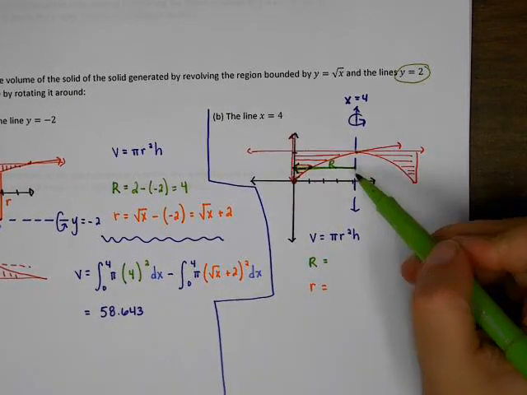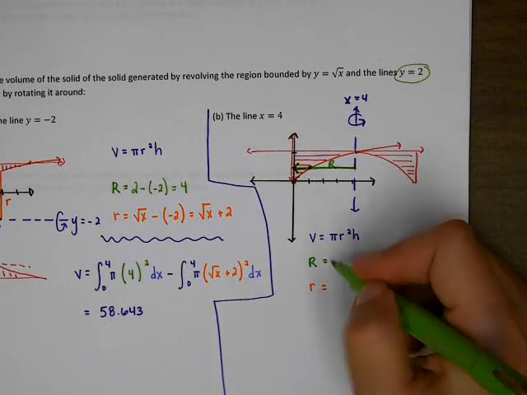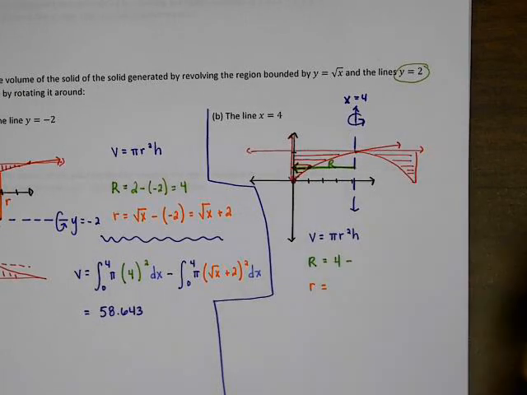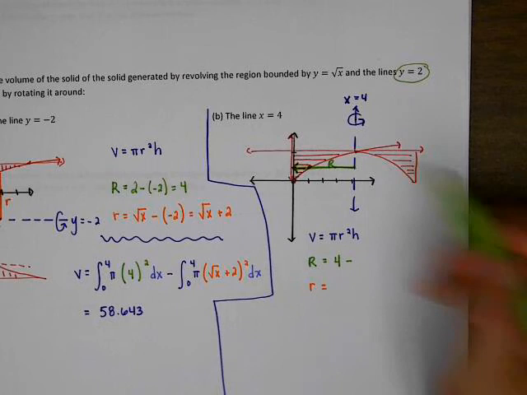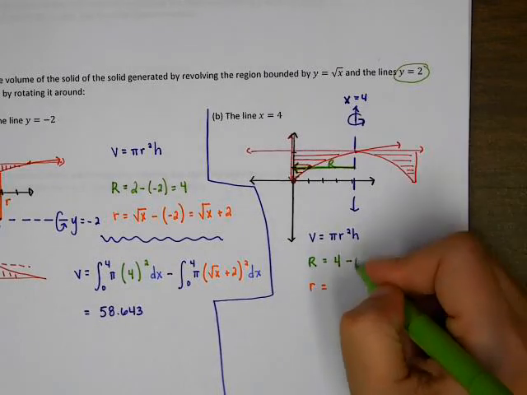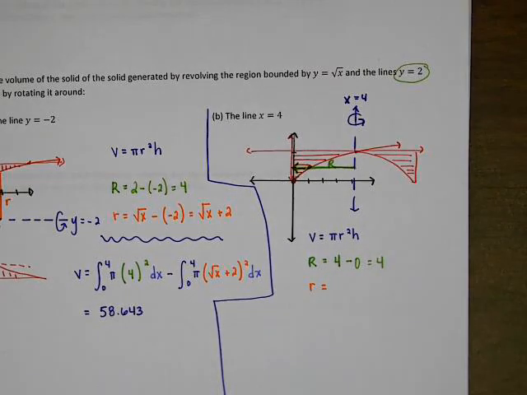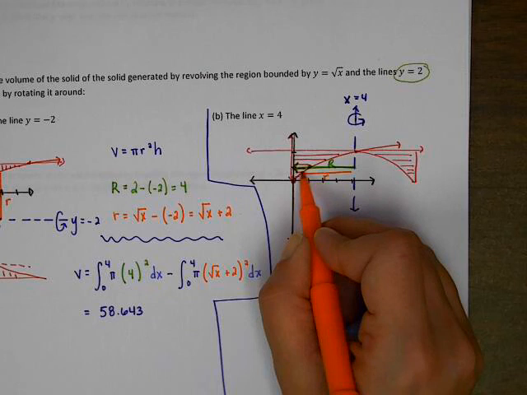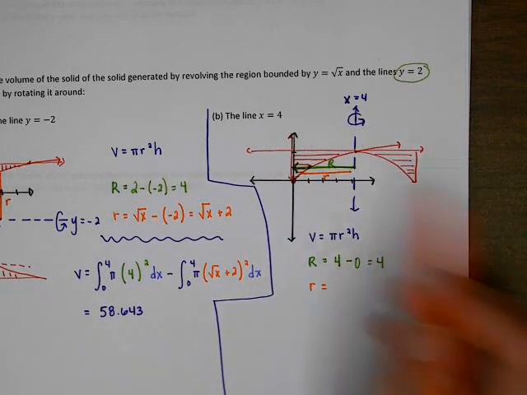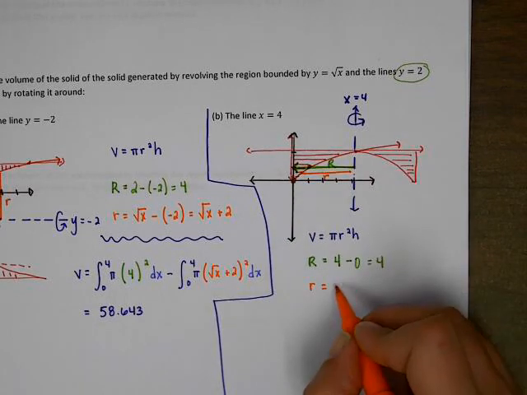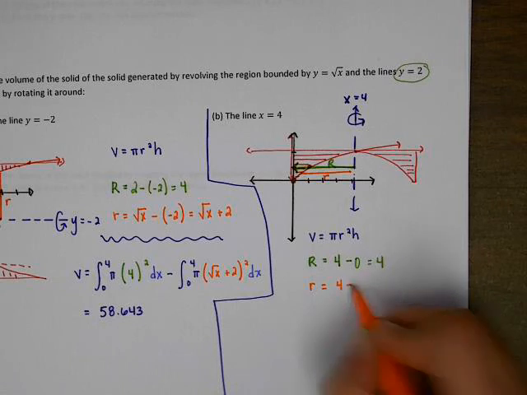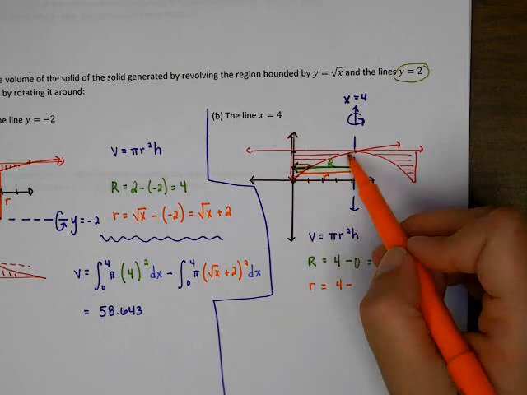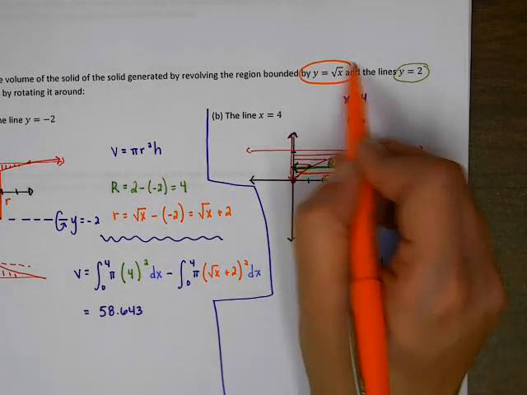So my axis of symmetry is the right, and that would be 4, minus my outer function is 0, so 0. My inner r, my little r, would be from the inner edge to the axis of symmetry. So right minus left, little r would be 4, minus my inner function is this square root function.